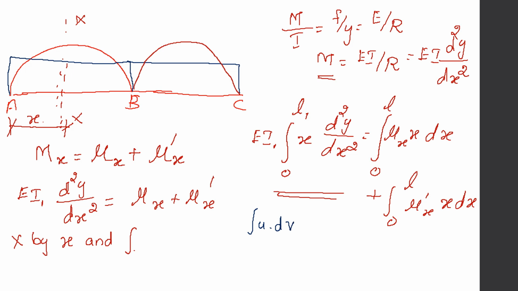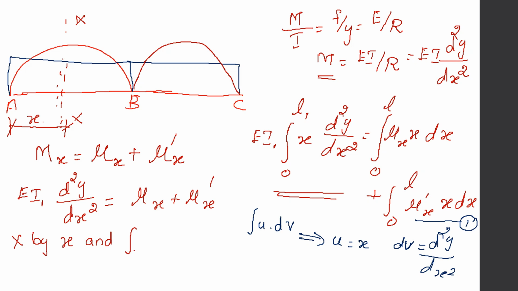So, our u is taken as x and dv is taken as d square y by dx square, and we will take this equation as equation number 1.